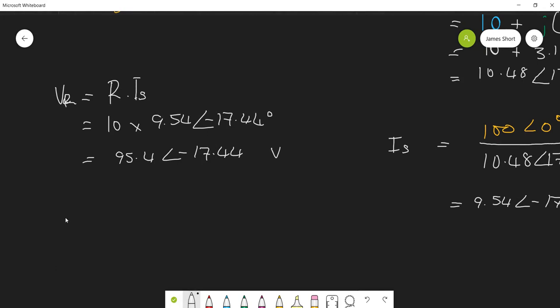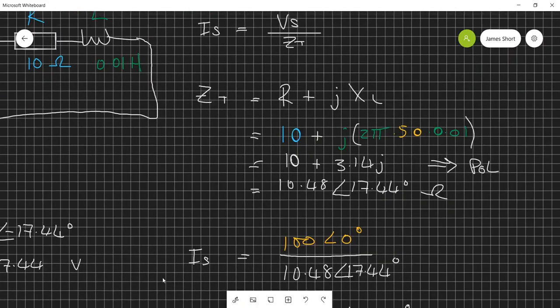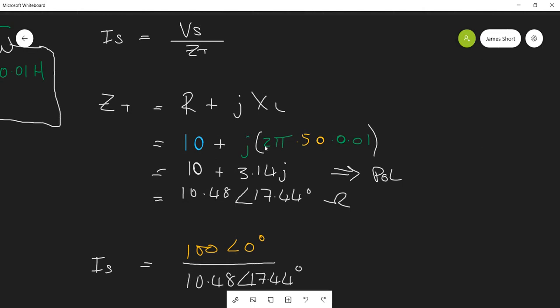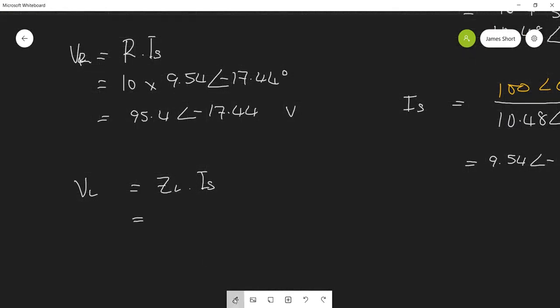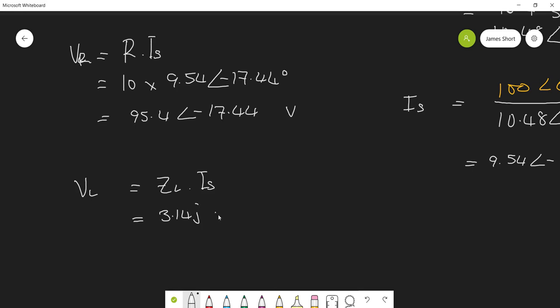So let's go and calculate the voltage drop across the inductor. So VL is equal to the impedance of the inductor times the supply current. The impedance of the inductor, jXL, this is j 2 pi 50, we got as 3.14j. So it's 3.14j times the supply current, 9.54 at minus 17.44.